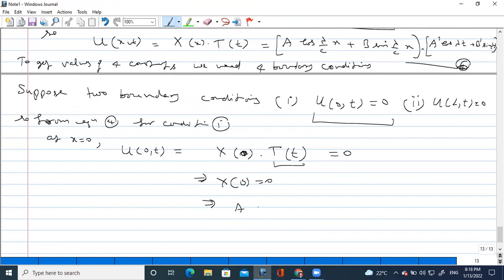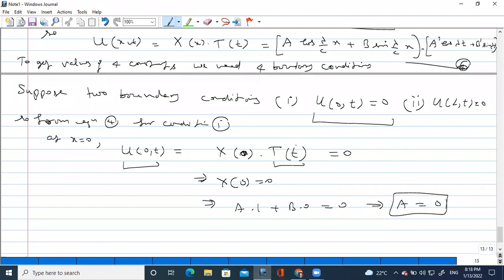So this will give you A into 1 plus B into 0 is equal to 0, and this implies A is equal to 0. Understood this? Means u(0,t) can be equal to X(0) into T(t). That is equal to 0 as per the boundary condition.